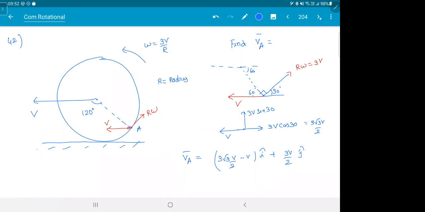Next thing. You could do the same thing for acceleration also. But listen carefully, there is a small thing here. Acceleration profile of a rolling body.